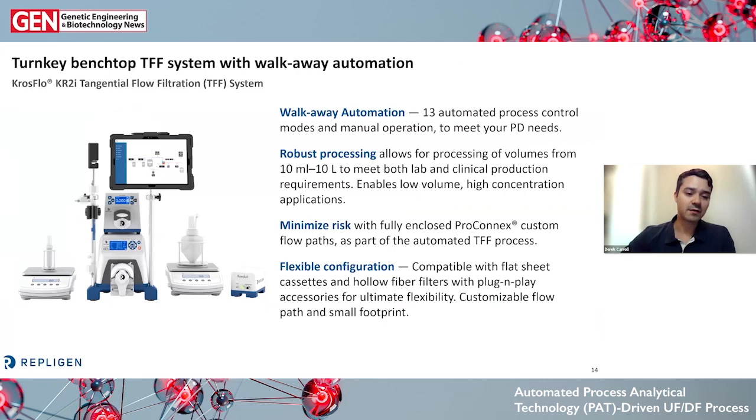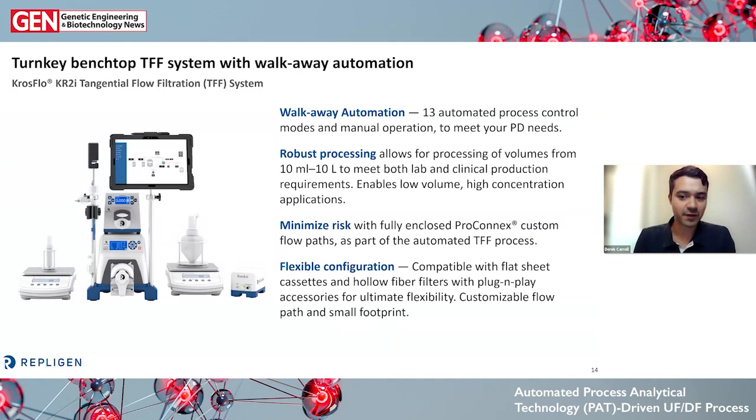So the KR2i, the other piece of the automation, is what we call walk-away automation, with 13 automated process control modes. It can also be operated manually and allows robust processing from volumes of 10 milliliters all the way up to 10 liters. So really a great tool for any TFF operations you need to do at lab scale.